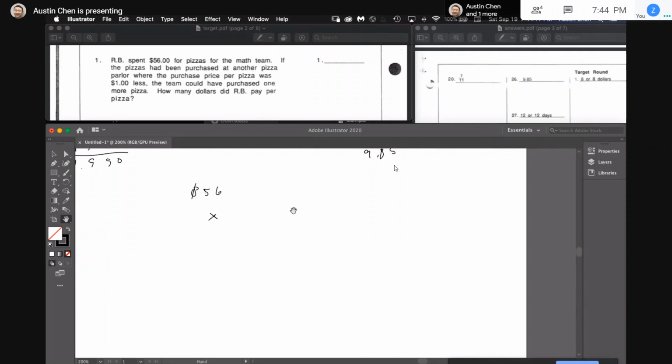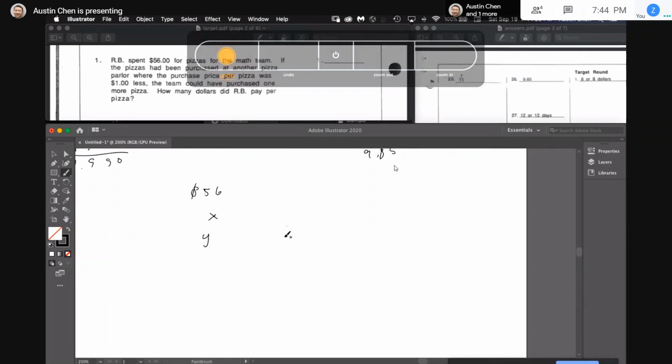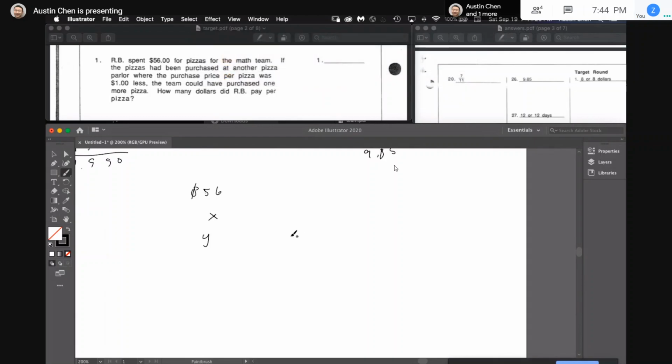Okay, why don't we call the price per pizza Y? So in this other pizza parlor, the price per pizza is $1 less, so it's going to be Y minus 1. And okay, the team could have purchased one more pizza.